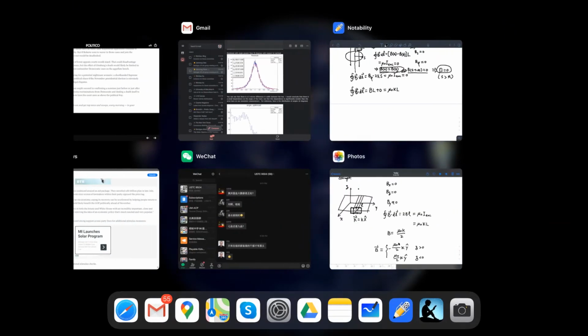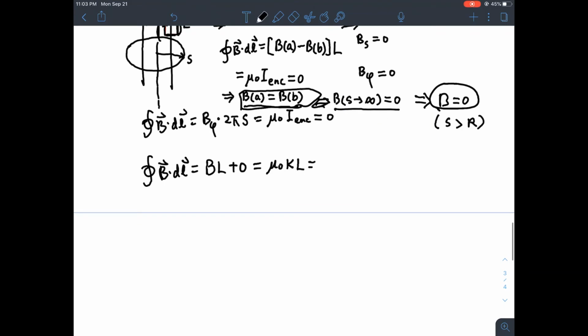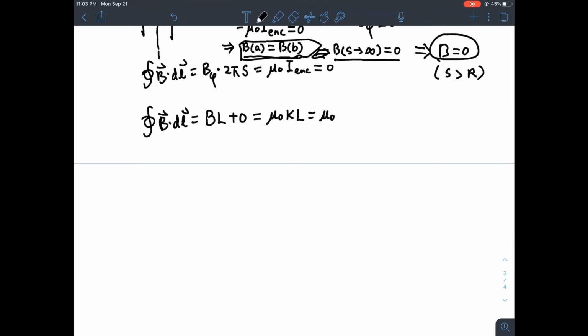So from here this is mu 0 times K, which we said is nI, times L. From here we can see that B should equal mu 0 nI, and we said this B should just have the z component. In other words, B should be mu 0 times nI. This is inside the solenoid.